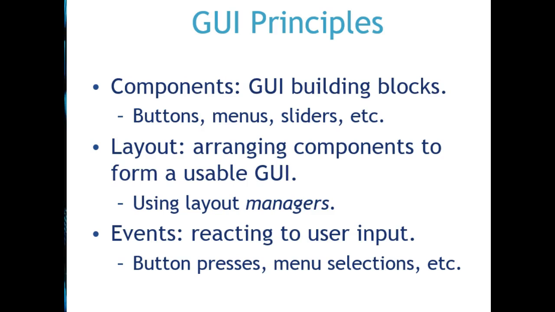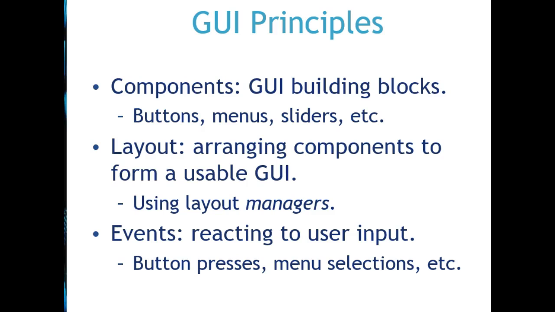We will not be able to cover all the details of all the possible things that we can do, but we will discuss general principles and some good examples. All the GUI programming in Java is done through the use of the standard class libraries.